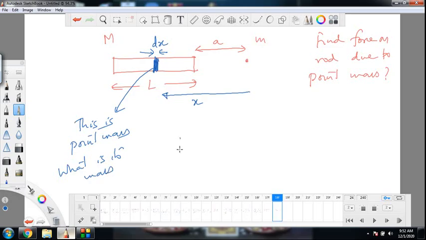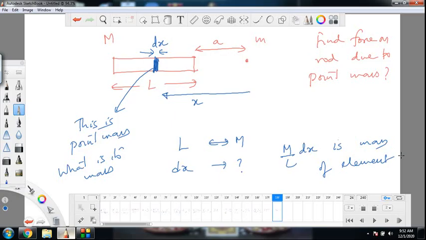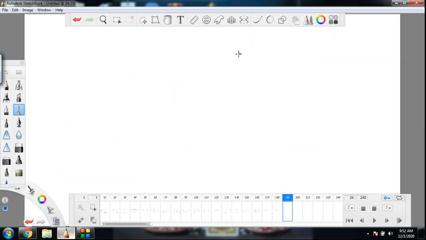So for length L, mass is M. So for length dx, what will be the mass? So it will be M by L into dx, by ratio and proportion, is the mass of the element. That is the mass of our point mass. So now I'll find the gravitational force between m and this dx, whose mass is M by L into dx. It's also a point mass because its length tends to zero.